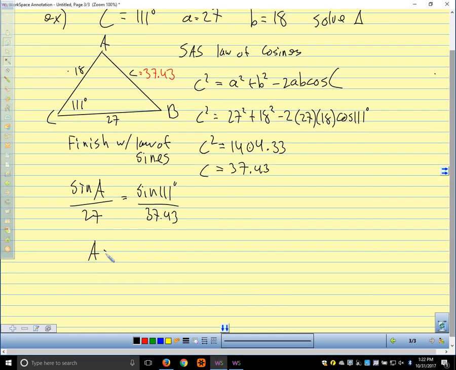So A, just like we've done the last couple days, is inverse sine of 27 sine 111 over 37.43. So we get A is about 42.3 degrees.